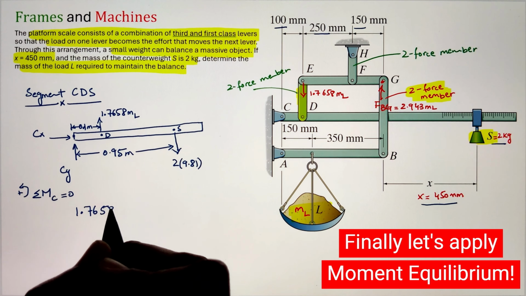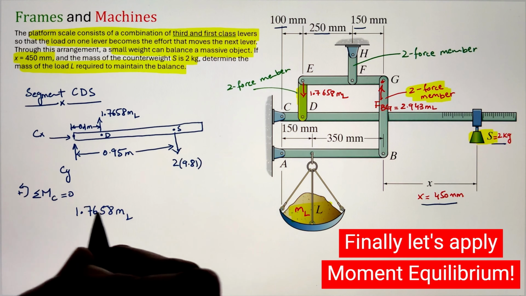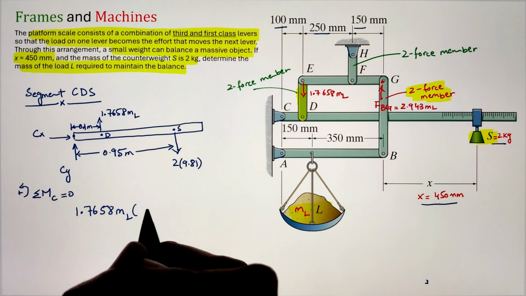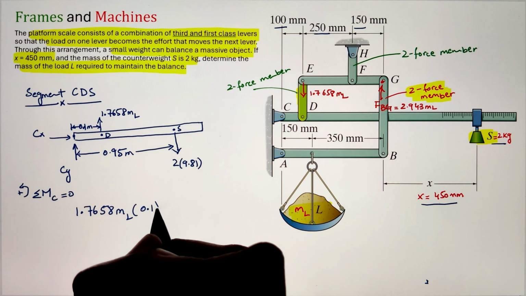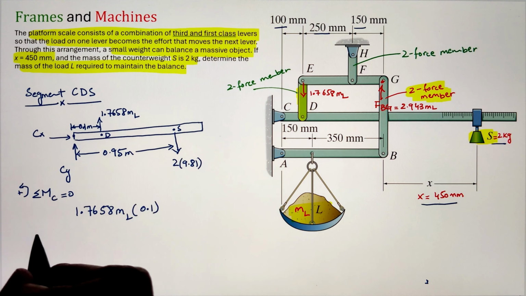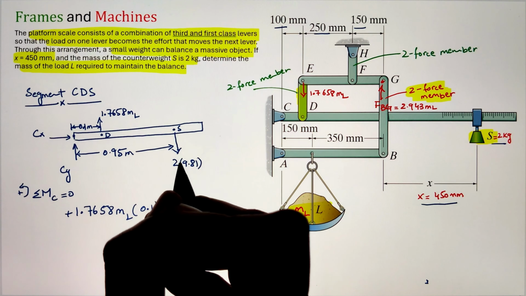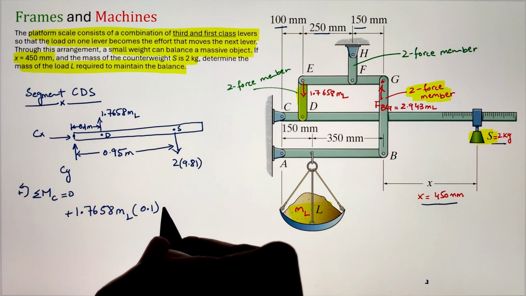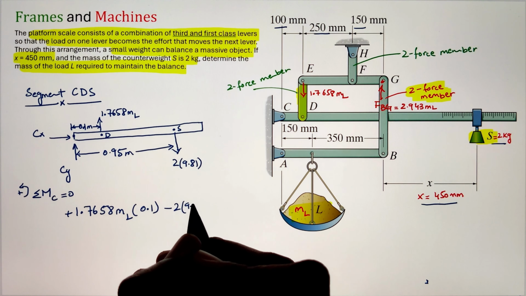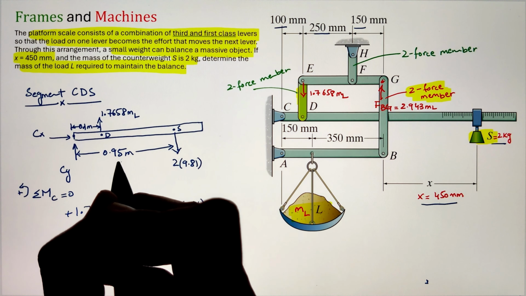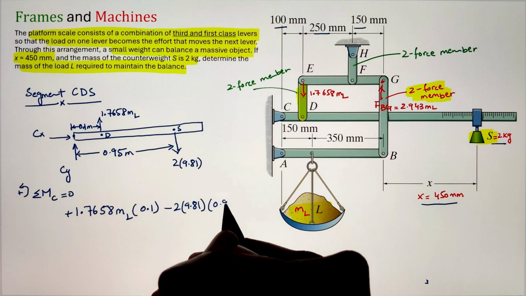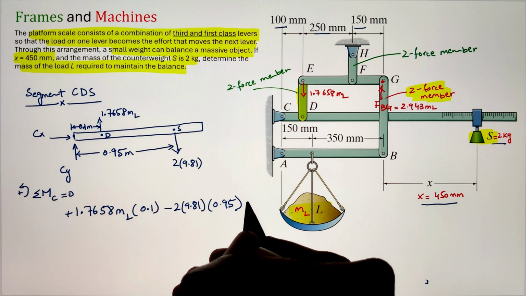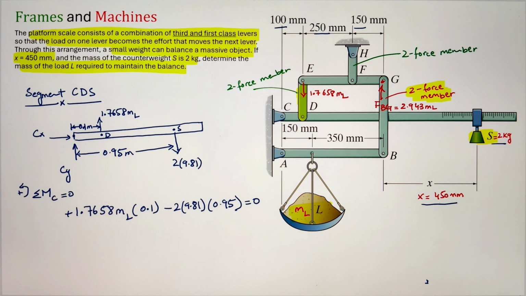In this case, again, we should pick a point that will eliminate the most number of unknowns. So at point C, I have two forces Cx and Cy. So I'm going to apply summation of moment at point C equals 0. That will eliminate my Cx and Cy. Now the force at point D is pointed in the upward direction and has a moment arm of 0.1, and it is creating our counterclockwise moment.